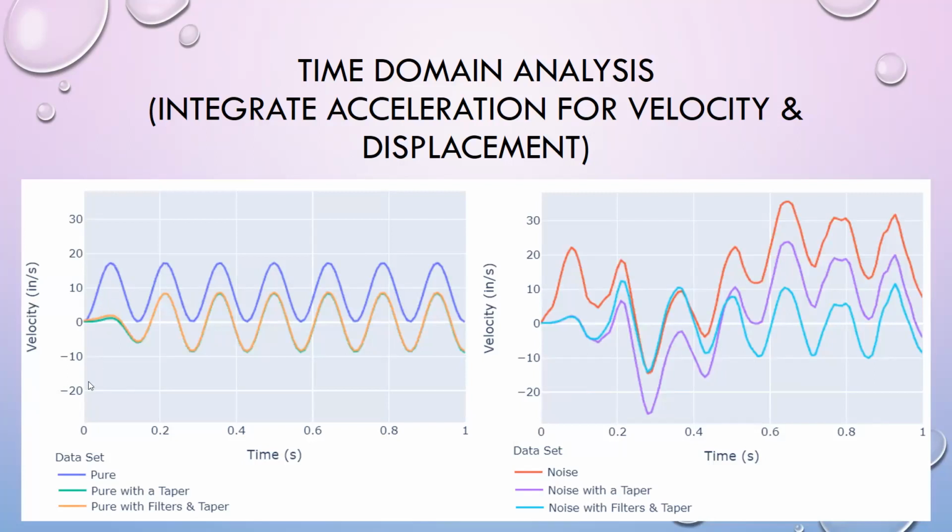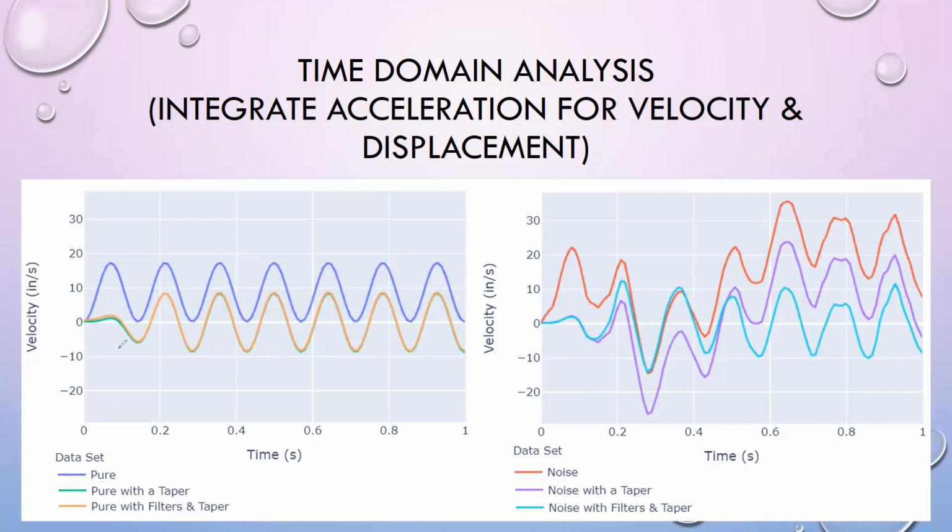The blue one is the pure sinusoidal signal for which we calculated the velocity without any modification. You can see that we have one offset for the signal without noise. But when you use the taper, or the filter and taper together, you can see that the results are completely correct.